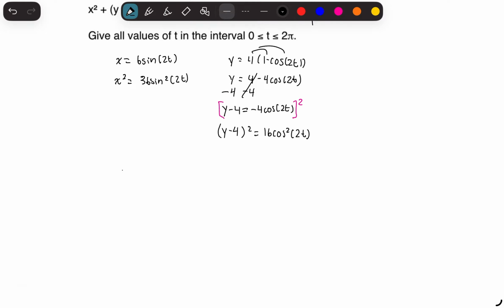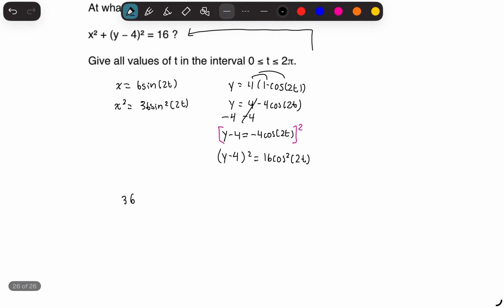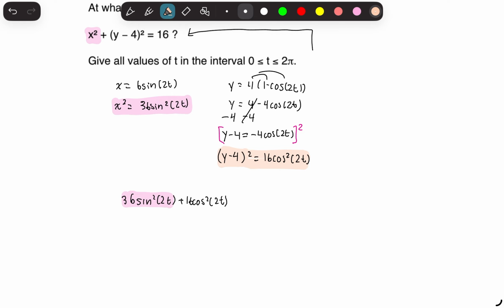So that expression will become 36 sine squared 2t plus 16 cosine squared 2t. That is x squared. And y minus 4 squared is equal to this component. This is equal to 16.